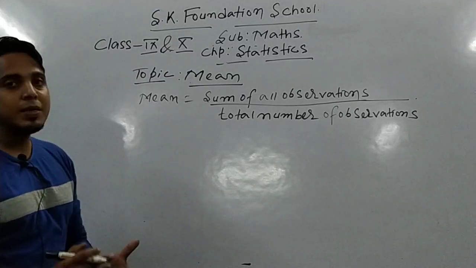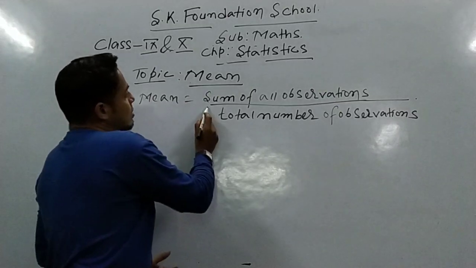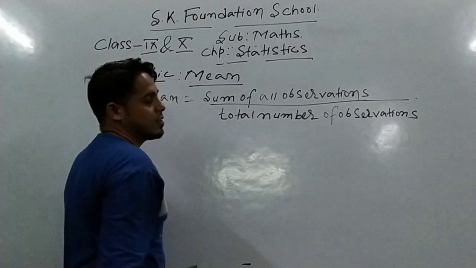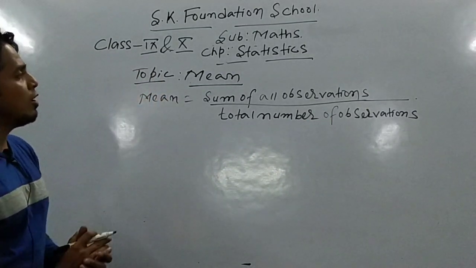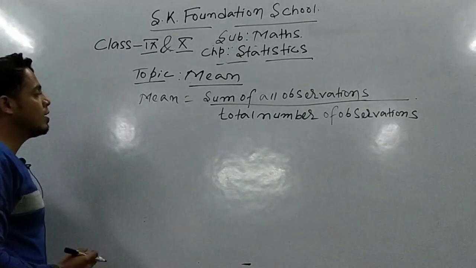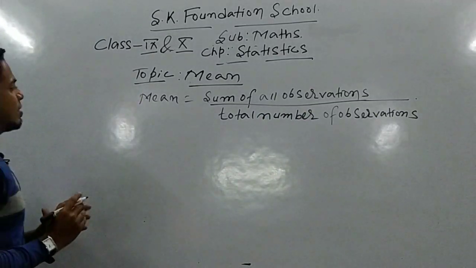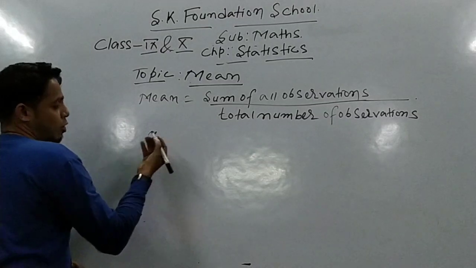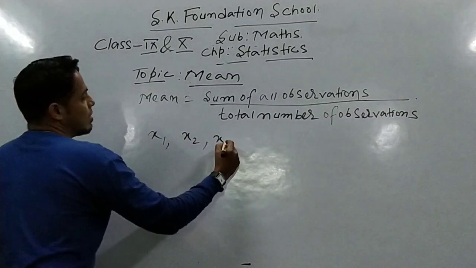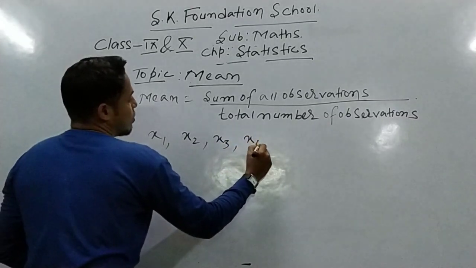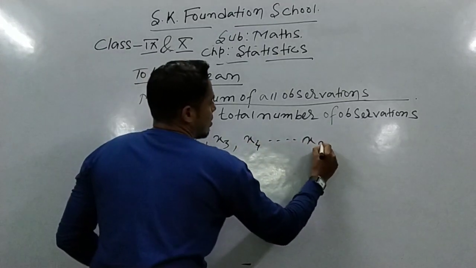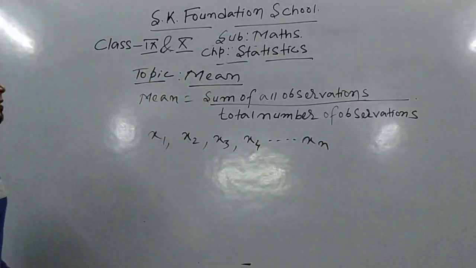So what do you mean by mean? Mean means sum of all observations by total number of observations. The formula: suppose a few observations are given, like x1, x2, x3, x4 and so on till xn.